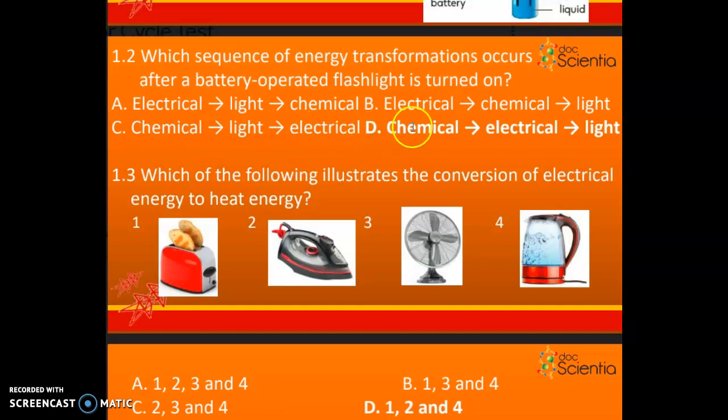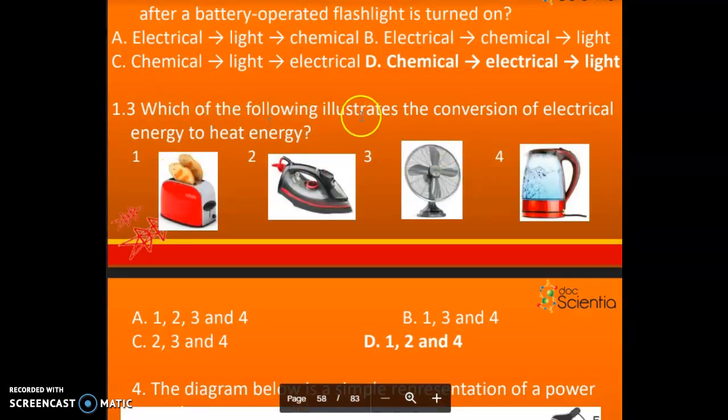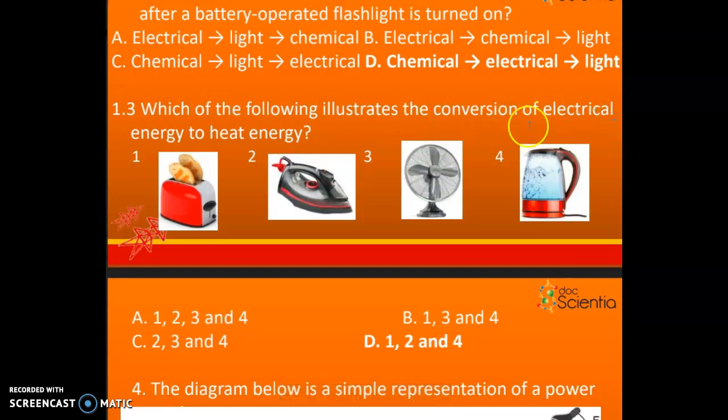Or D. Chemical becomes electrical and then light. Yes, D. Chemical becomes electrical and then light, because a battery is chemical and that made electricity, and electricity makes the light.